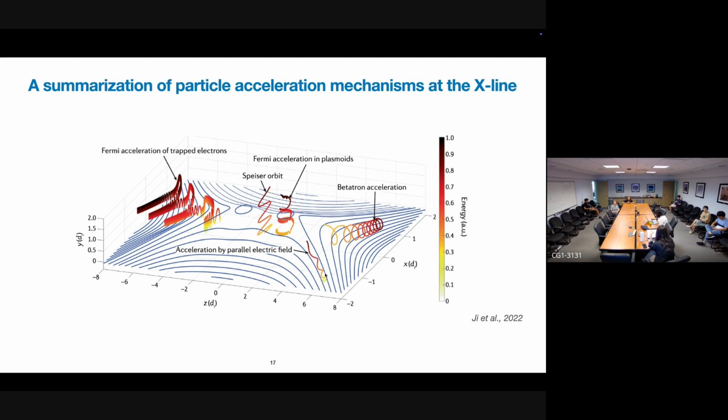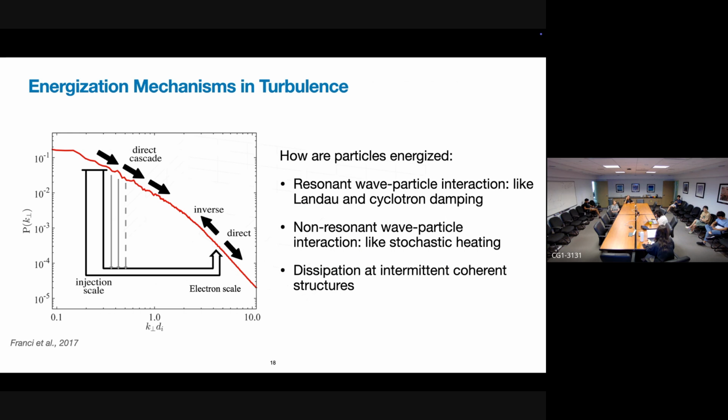And at the separatrix, that's often where we have parallel electric field. You can see acceleration of the particles by the parallel electric field. And also, since we have the magnitude of the magnetic field changing, you can also observe Betatron acceleration. And also, the Fermi acceleration of the electrons is shown here. So this is the particle motion in the context of an X-line.